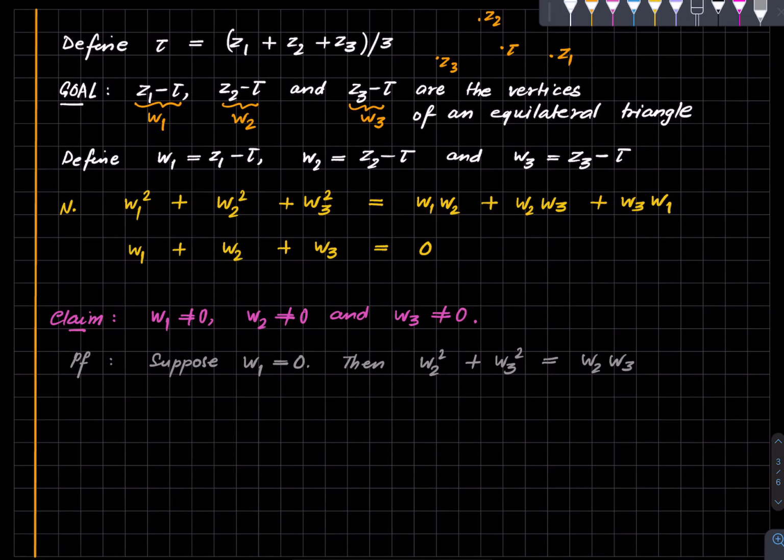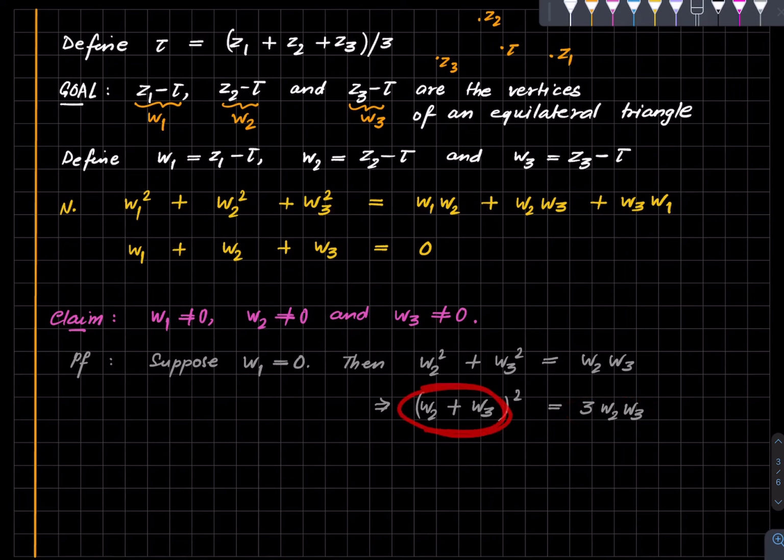This implies W2 plus W3 whole square becomes 3 W2 W3, because if you expand it, you get W2 square plus W3 square plus twice W2 W3, which is thrice W2 W3.